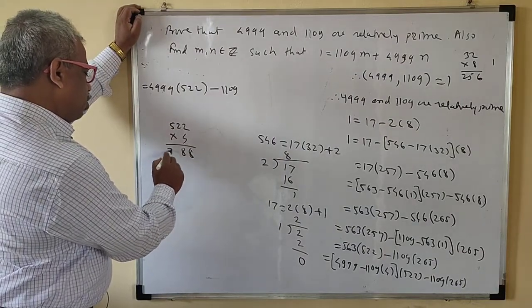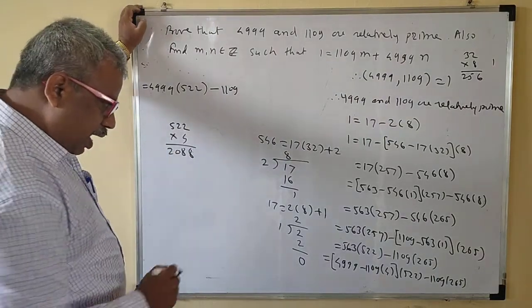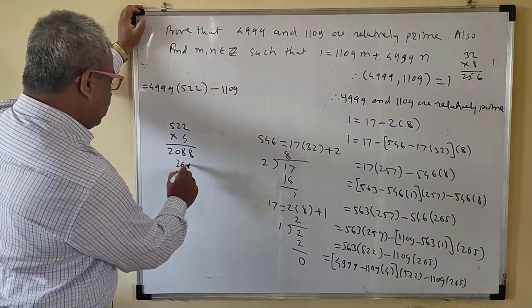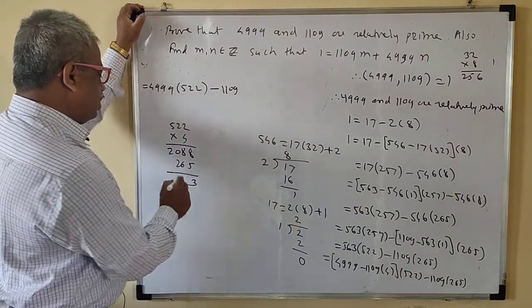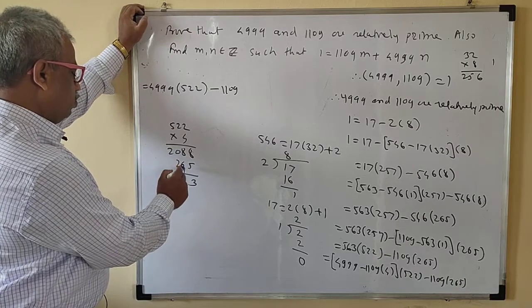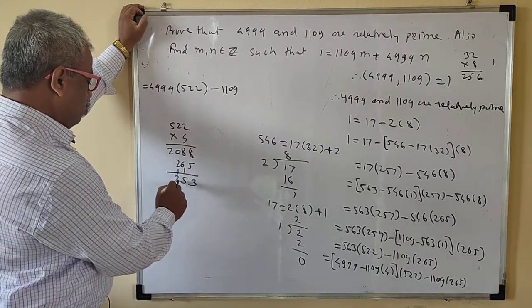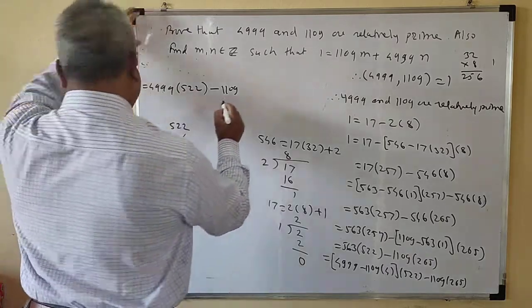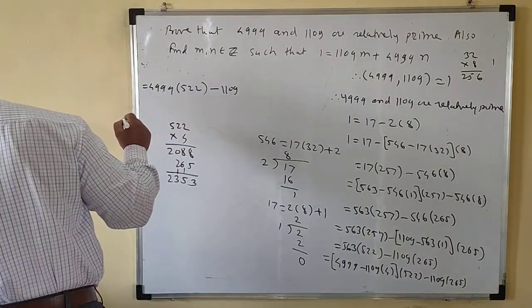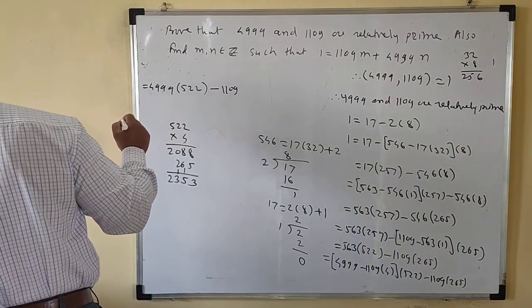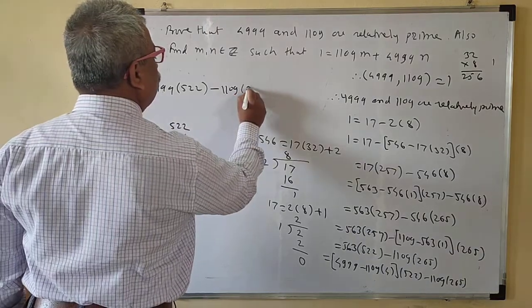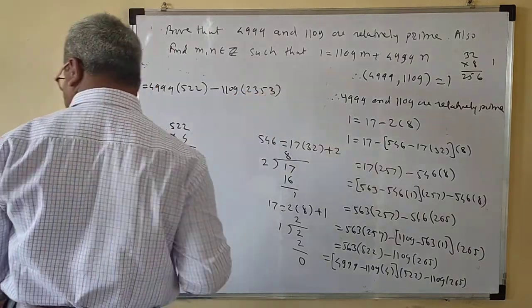This is 820. And this is 265. You have to add this 265. So this is 31. So this is what? 2353 into 2353.